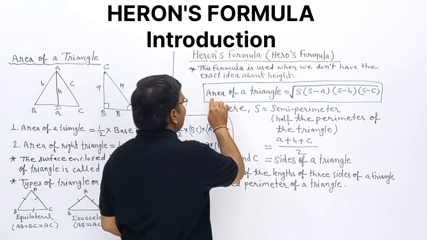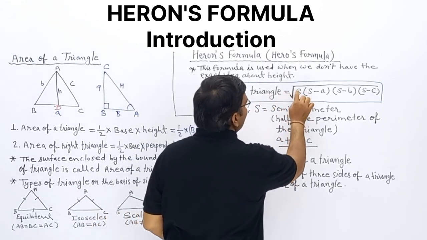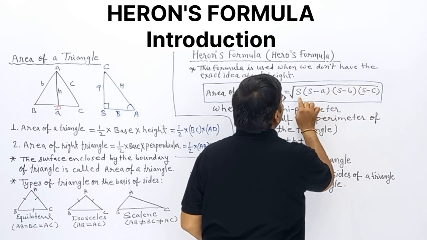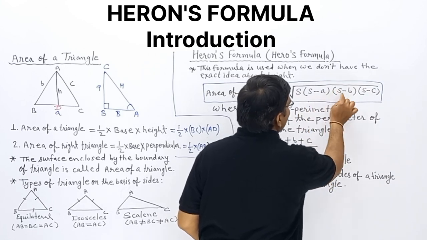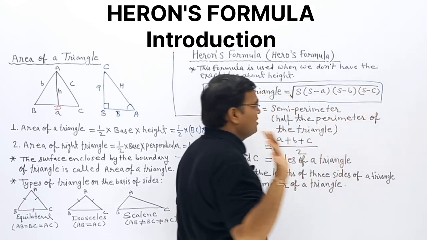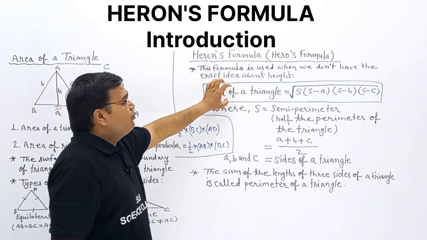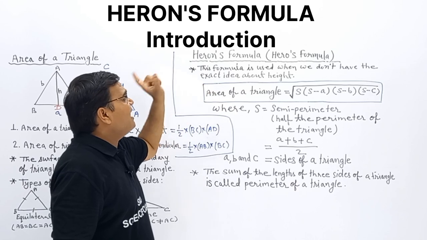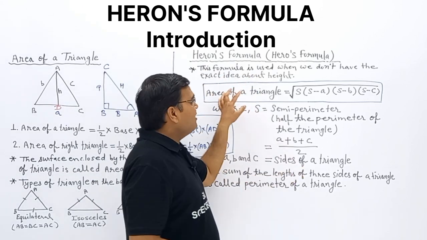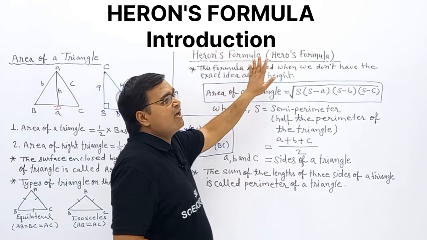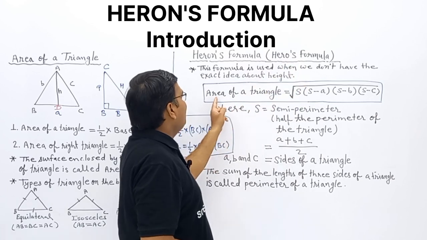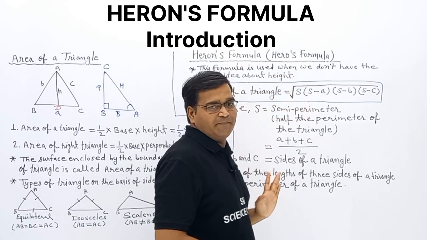And this is the area of a triangle: square root of s into s minus a into s minus b into s minus c. Clear? So once we don't have the exact idea of a height, we will use Heron's formula, and the area of a triangle will be this one.